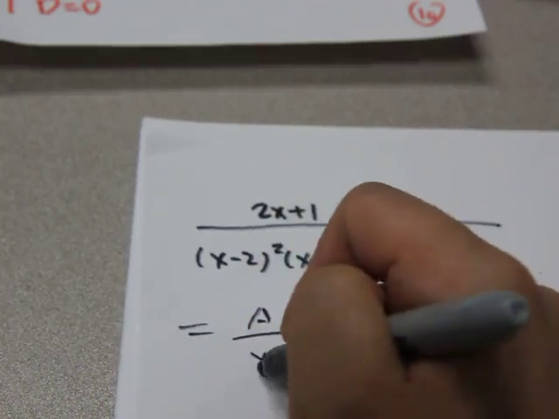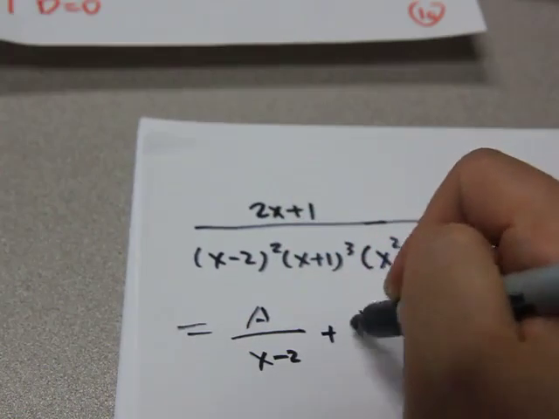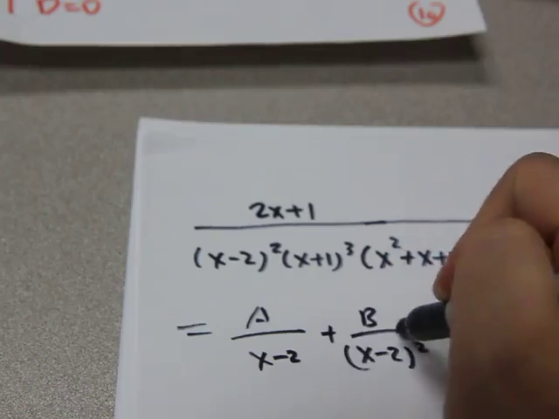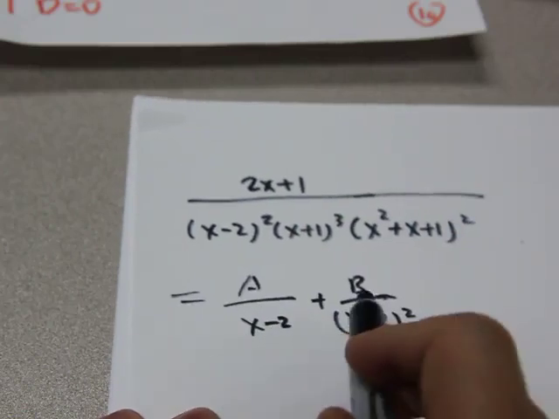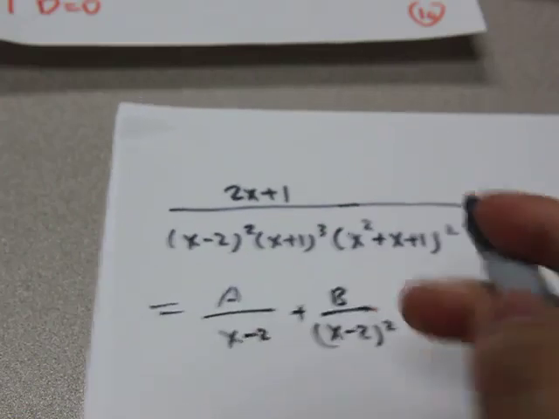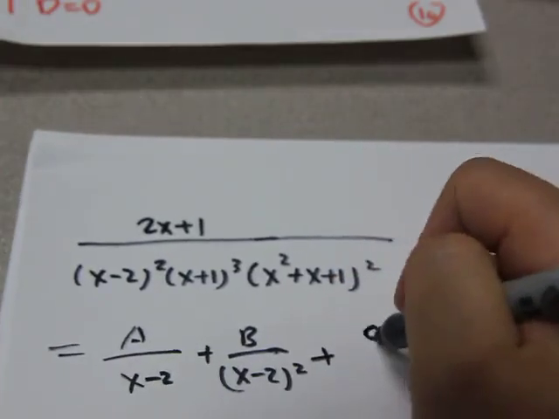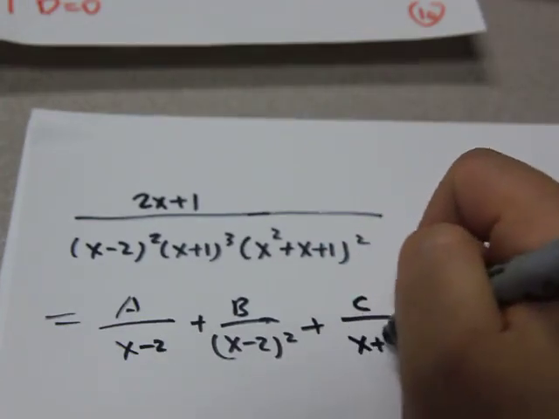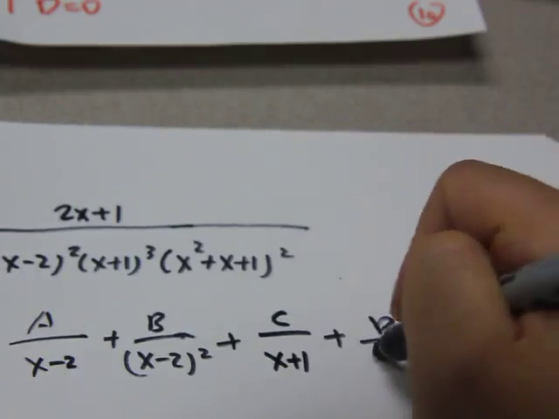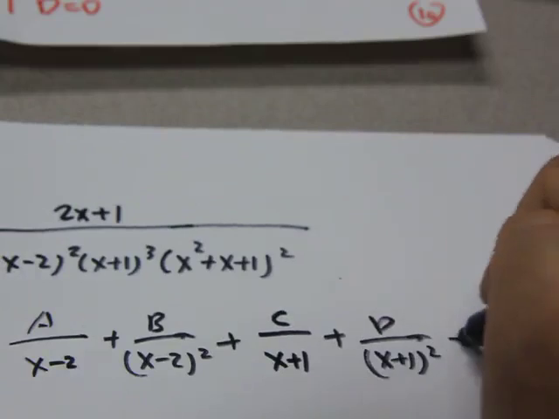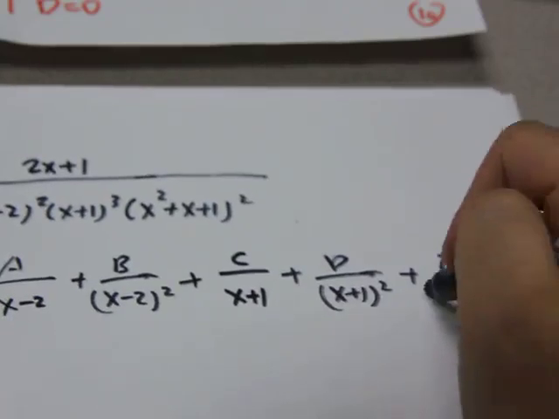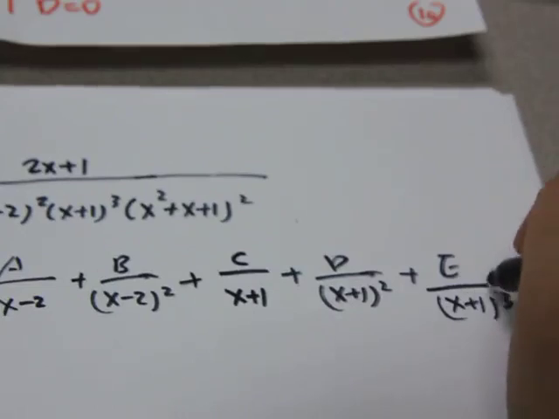So the first two fractions are a over x minus 2 plus b over (x minus 2) squared. And then we have c over x plus 1 plus d over (x plus 1) squared plus e over (x plus 1) to the third.